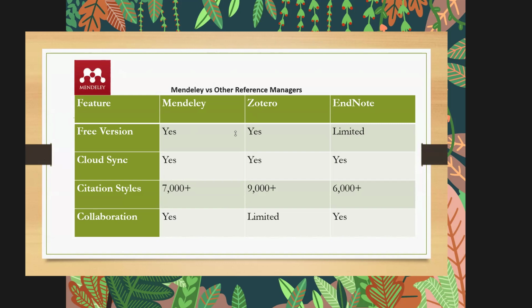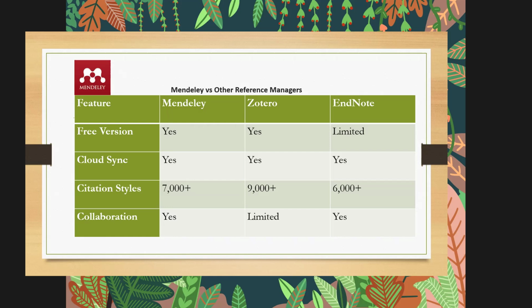Zotero is also free. EndNote is limited because you can get a free version and a licensed version. When you get the free version of EndNote, there are some services you may miss out.